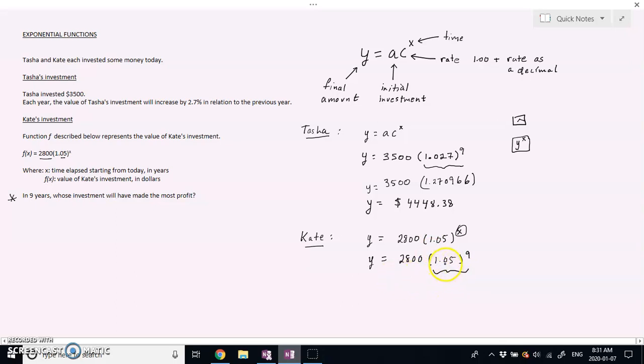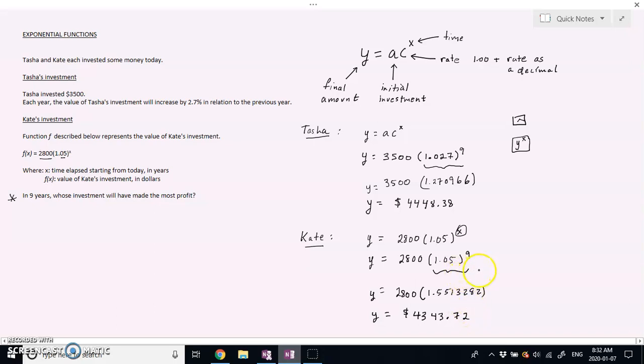So again, do 1.05 to the power of 9 using one of these two buttons on your calculator, whichever one you have. And I get, I'll leave my 2800 there, like 1.5513282. I just kept all the decimal places. When I multiply those two values together, I get a dollar value of $4,343.72.